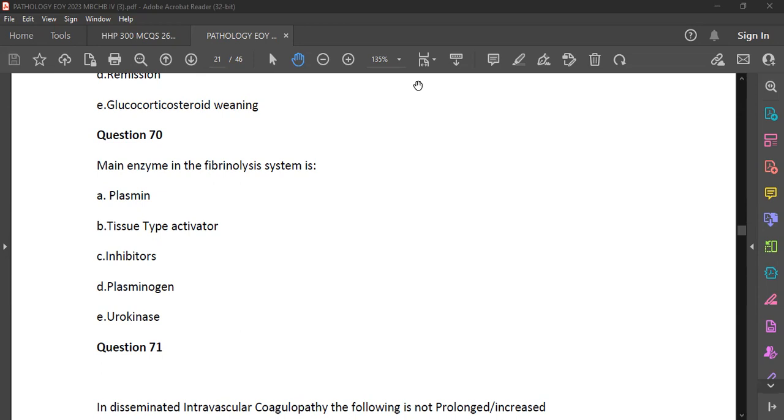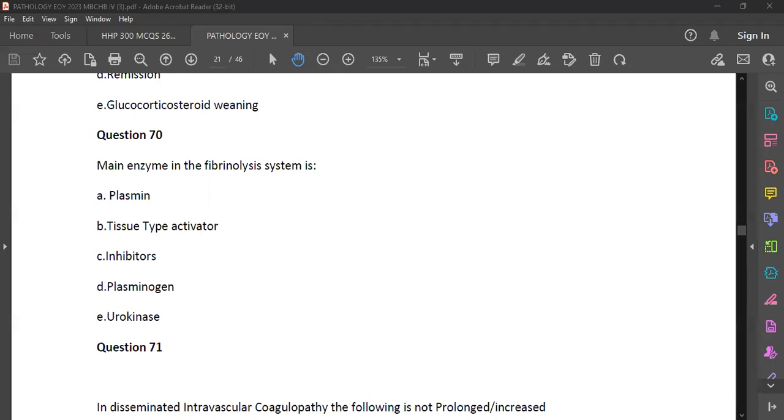We have fibrinogen in its inactive state. We have plasminogen in its inactive state. It will require something to activate plasminogen into plasmin. Those things are known as plasminogen activators.